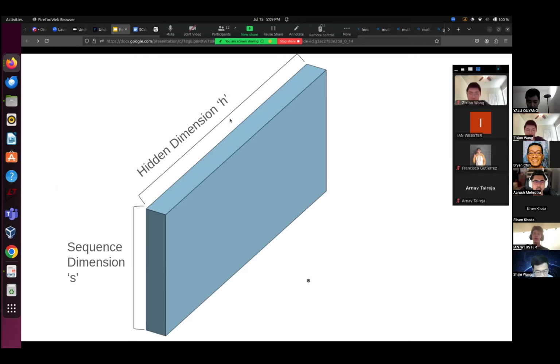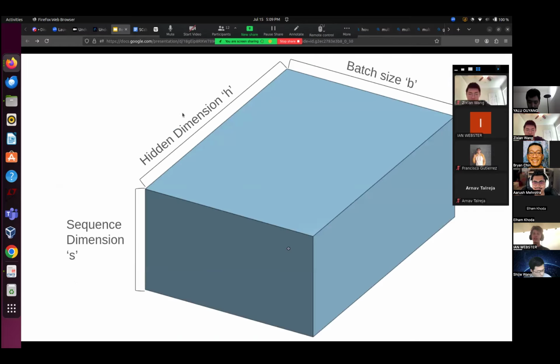So that's hidden dimension. But then we are not masochists. We do not train our models on a single sentence at a time. We train our model in batches, which means that we have a bunch of these sequences within the batch. And so we send batches through the model. We'll do forward propagation, or the forward pass through our model.